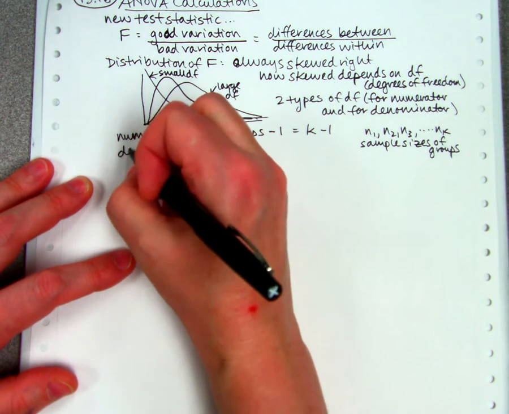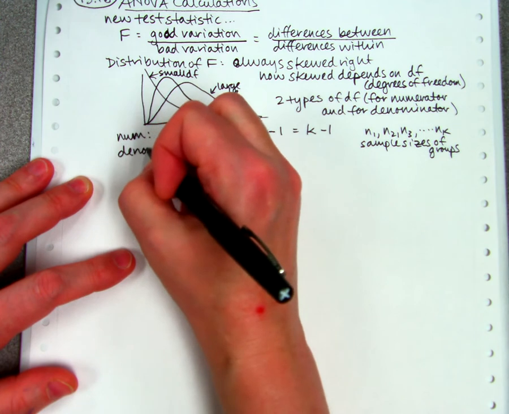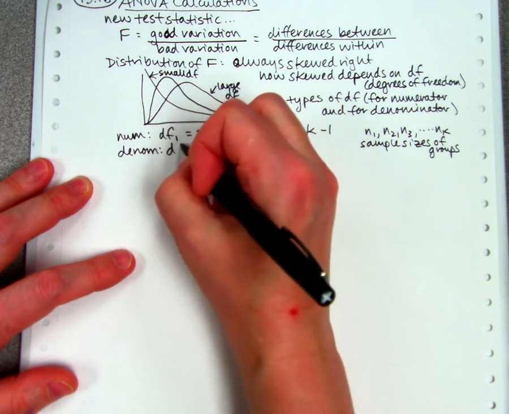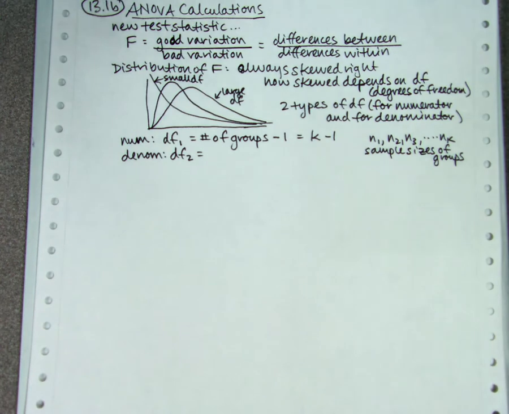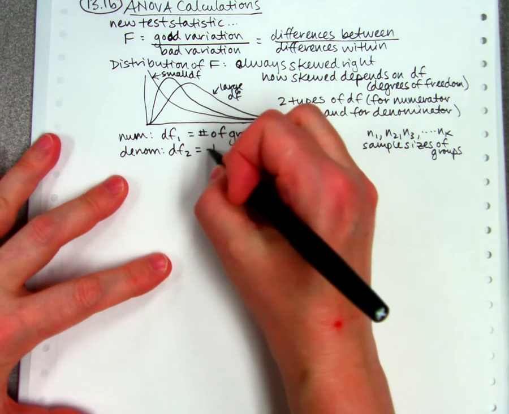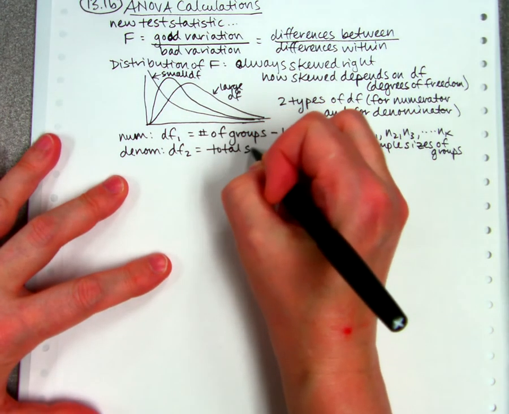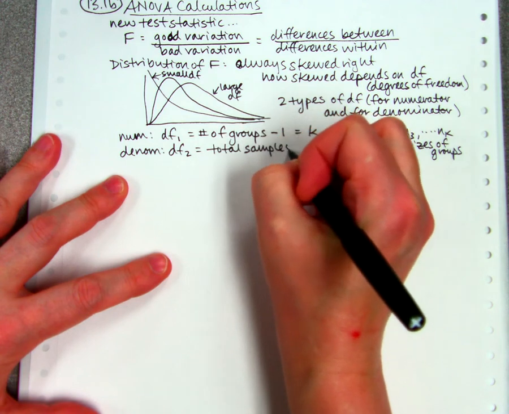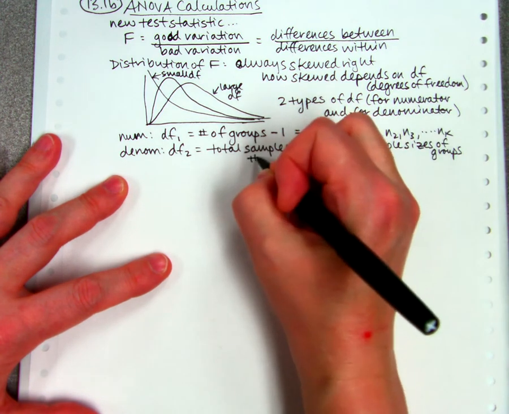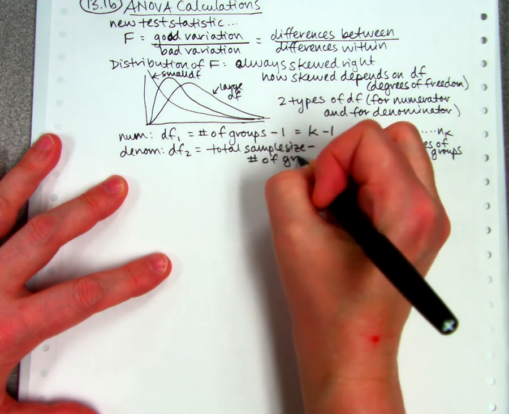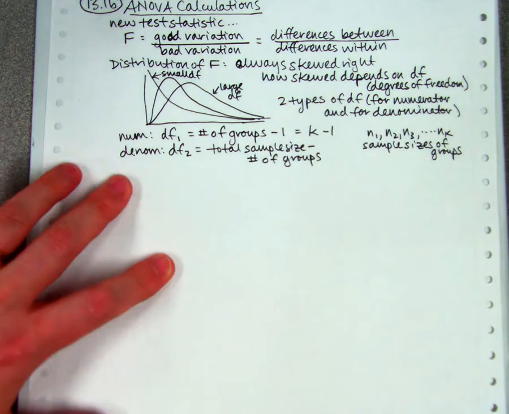So the denominator df, df2, is the total sample size minus the number of groups. We already know that the number of groups is called k.